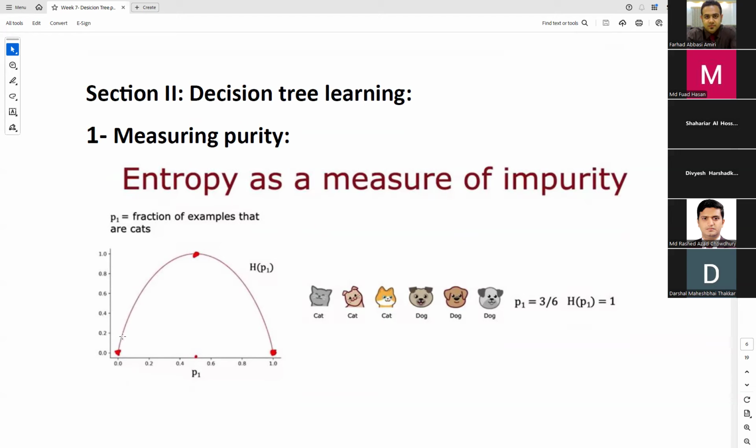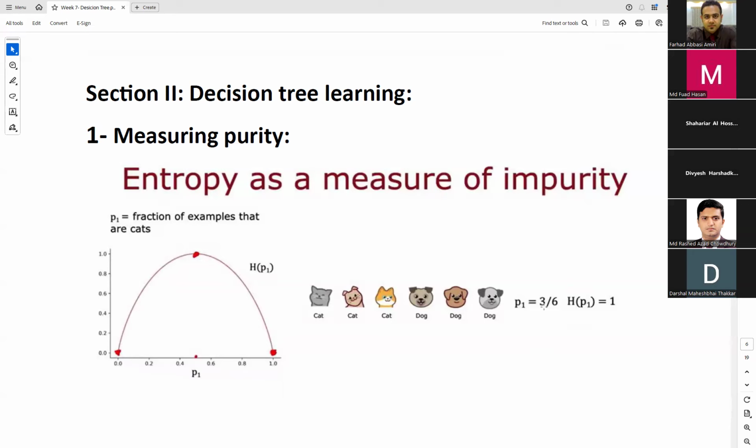If you look at this figure, the horizontal axis is P1, and the vertical axis is H of P1, which shows the entropy. We use this parabolic graph to represent the entropy, H of P1.